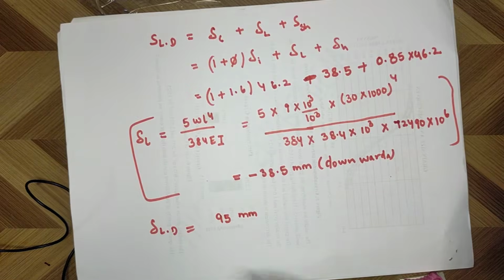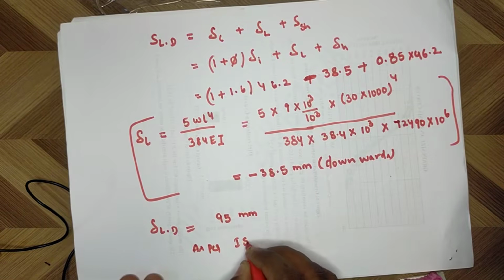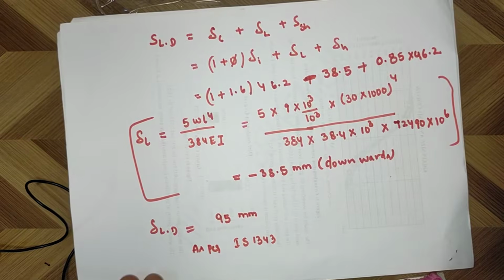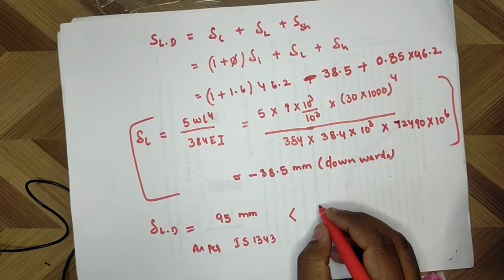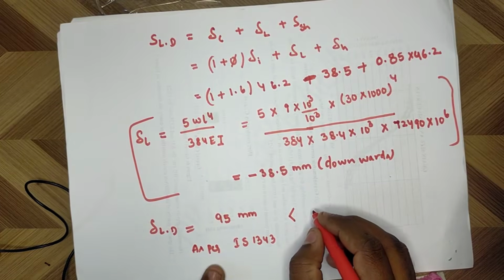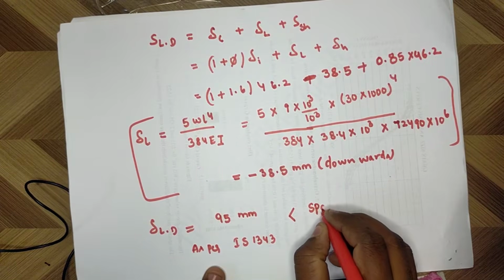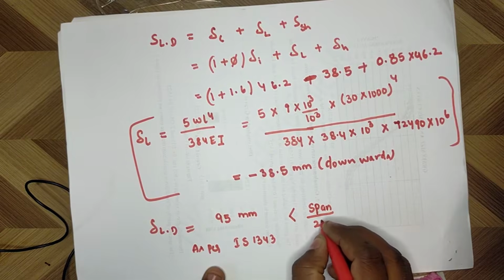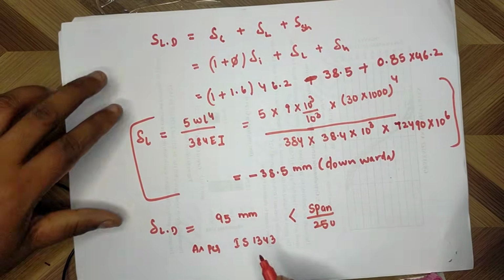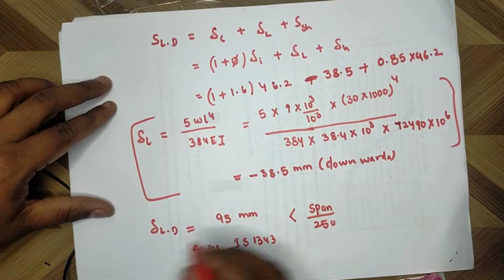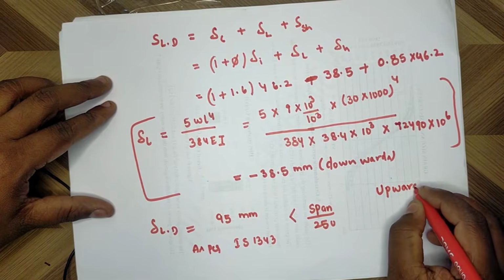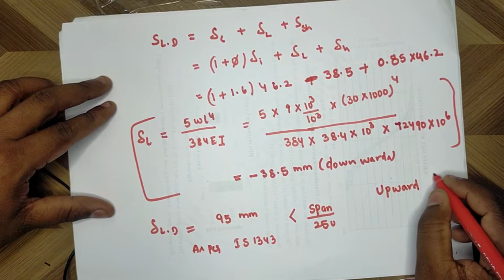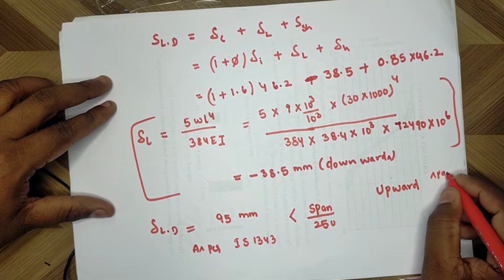Right. As per IS 1343, this value should be less than span by 250. For upward deflection it is limited to span by 300.